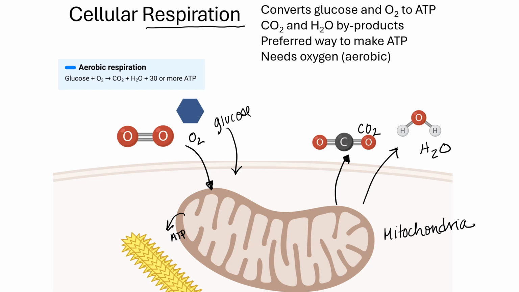These are like little ATP making factories. They take in glucose and oxygen, and then they put out carbon dioxide and water and ATP. As indicated here, one glucose molecule and one oxygen molecule can yield about 30 ATP molecules.